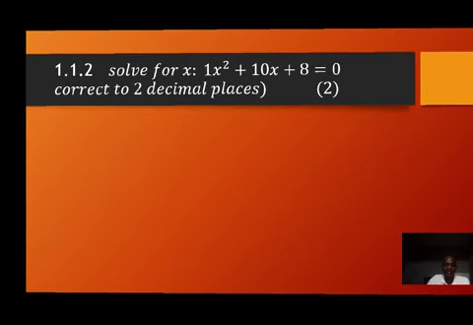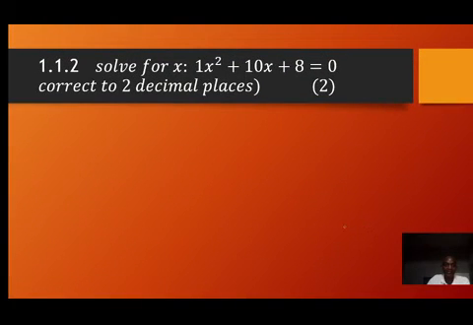And then the other question was saying solve for x, that is x squared plus 10x plus 8 equals 0. And they say you must give your answer to 2 decimal places. So because of that we're going to use the quadratic formula.